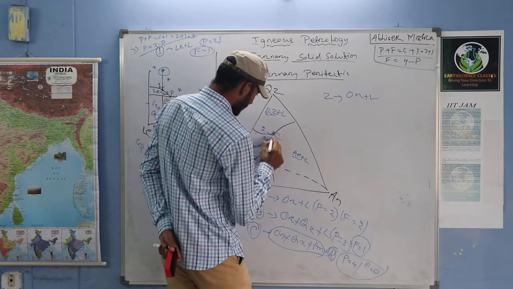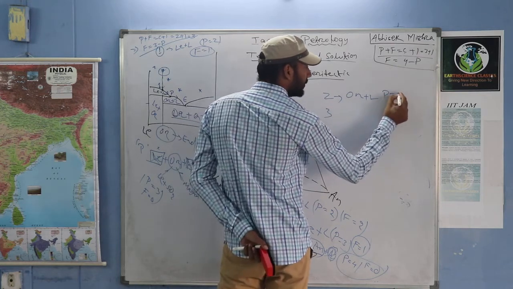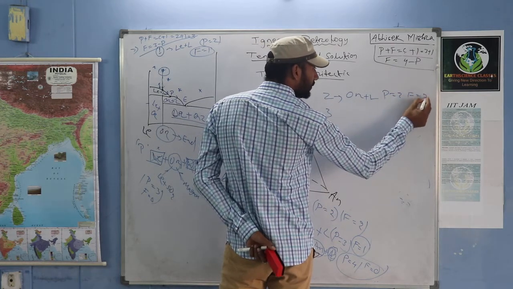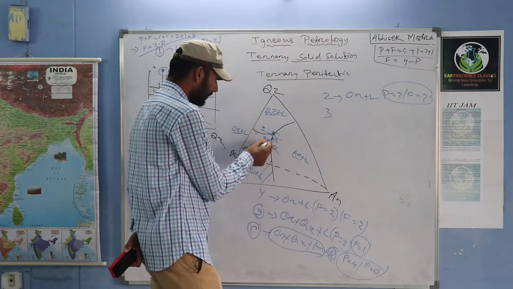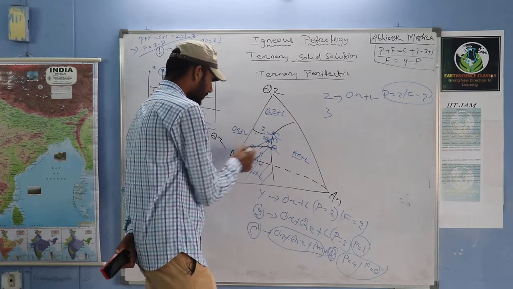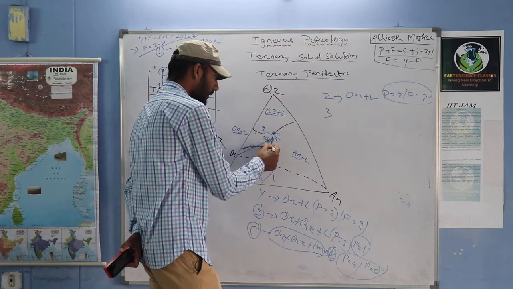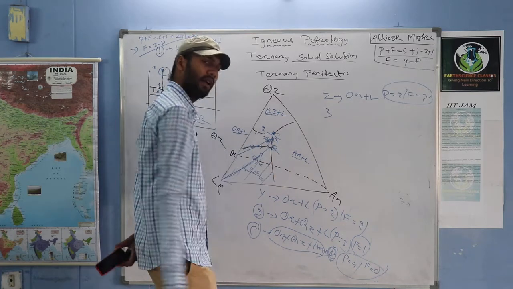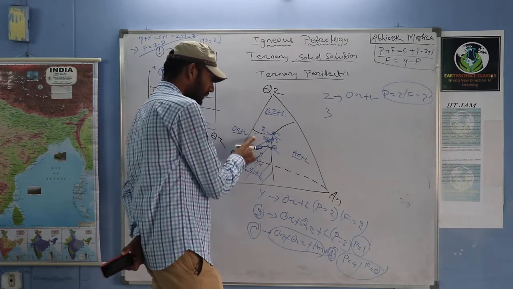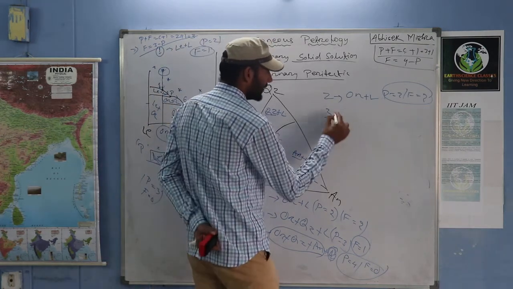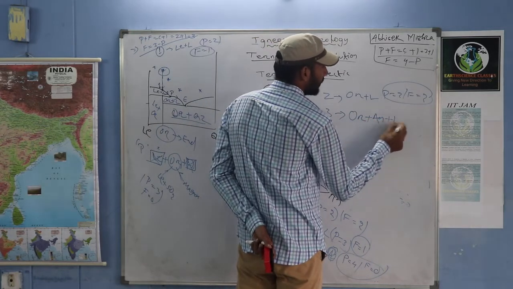Then it will move towards point 3. At point 3, the phase is equal to 2, so the degree of freedom becomes 2. So you have to connect with the end point. This is Z, right? This is the Z point. So you have to connect with orthoclase. It will touch the curve. This is the curve between what? Orthoclase plus anorthite. This is the curve which is the boundary between the orthoclase field and the anorthite field. So at 3, you will get orthoclase plus anorthite plus liquid.